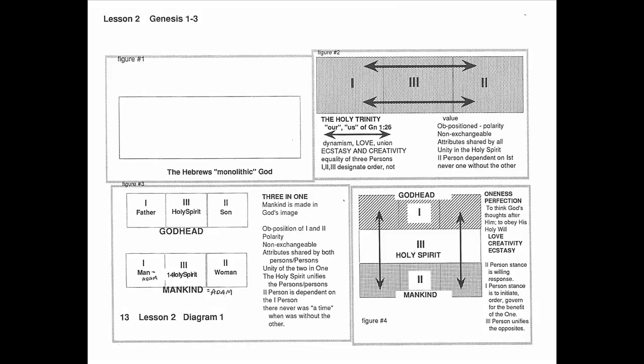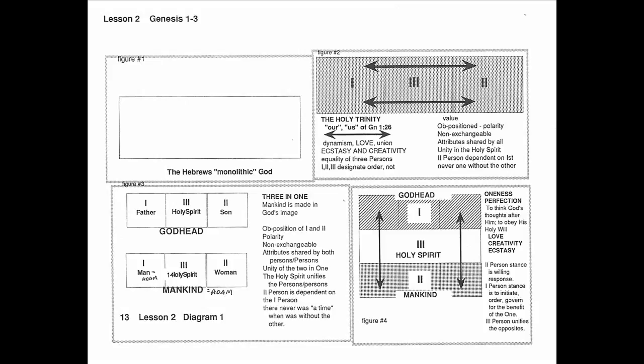There's a unity of the two in one, unity of man and woman in the Holy Spirit. The Holy Spirit unifies the persons, both in the Holy Trinity and in mankind. The second person is dependent on the first person. This is what headship in the family means.